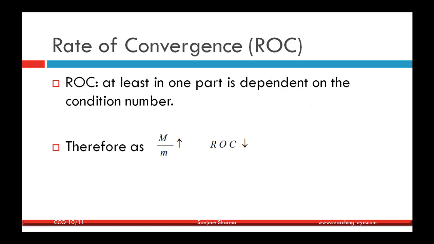So for the higher rate of convergence, the capital M over small m should be nearly 1, or the sublevel set should be isotropic. And we will see this practically in the example.